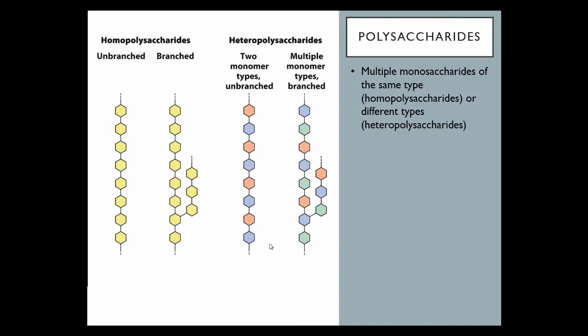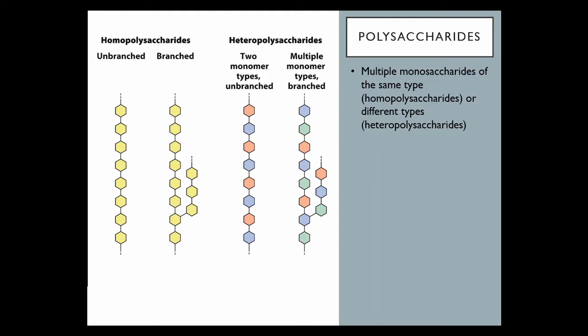Sometimes there can be a repeating pattern, where you can see here this one has the same 2 monomers, the same disaccharides essentially, linked together one after the other, or not. They can be 3 or more different kinds of monosaccharides linked together in a non-repeating pattern.